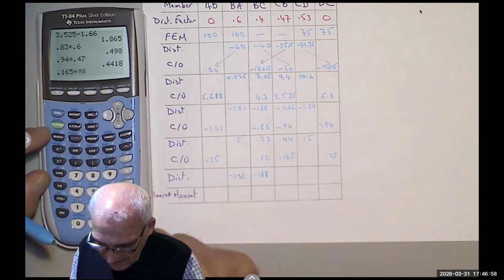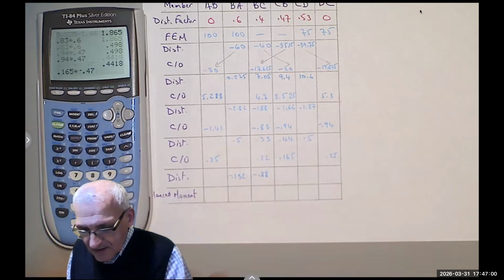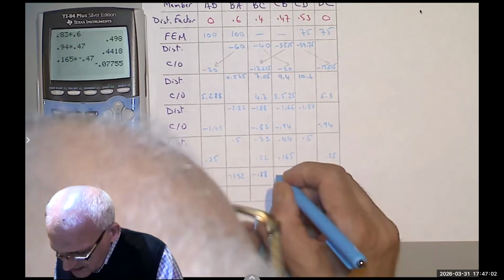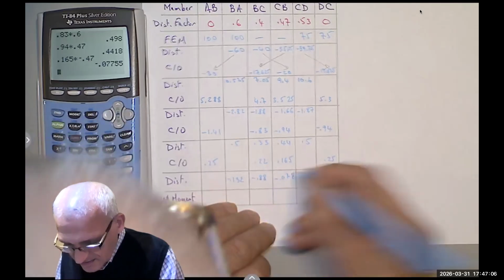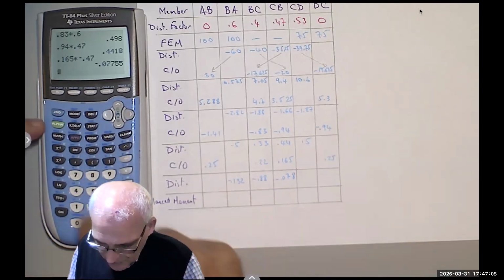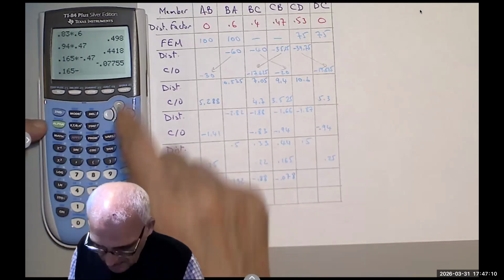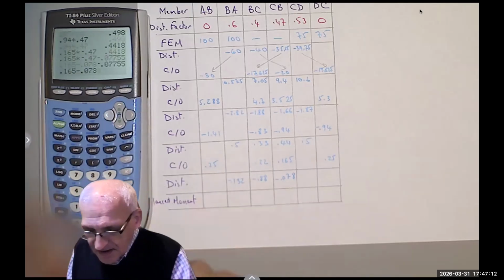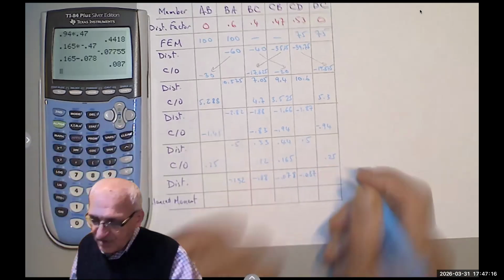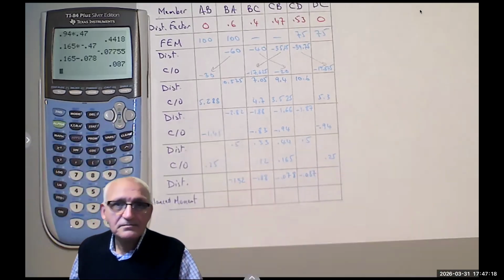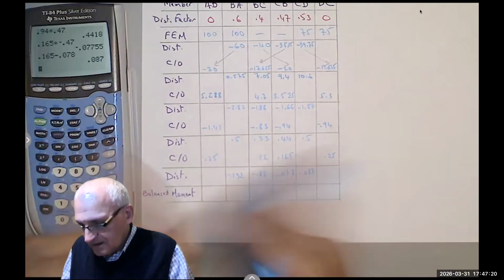0.165 times negative 0.47 is negative 0.078, and 0.165 minus 0.078 would give me negative 0.087. And I'm going to stop here. Okay, let's calculate.